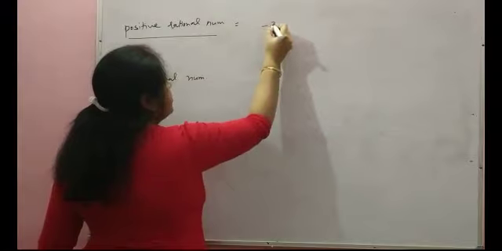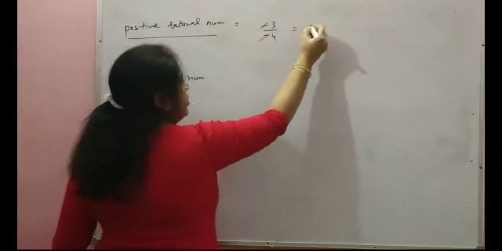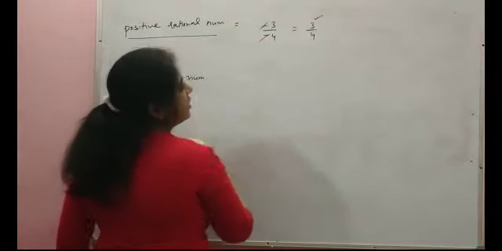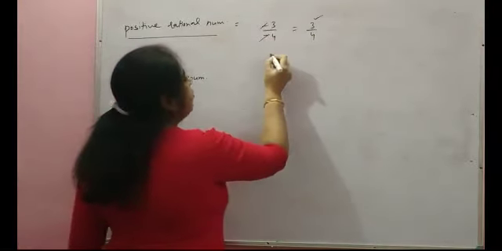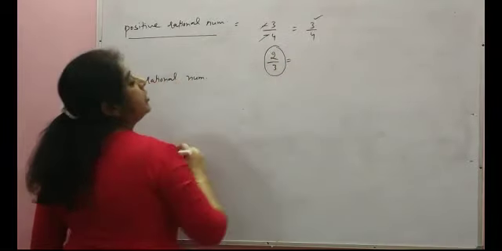Just suppose we have this. Minus minus will be cancelled. So this one is a positive rational number. Or we have this. Both are positive. This is also called a positive rational number.